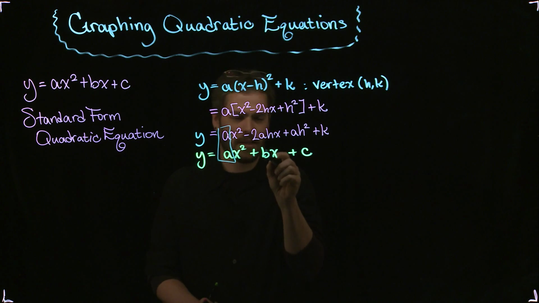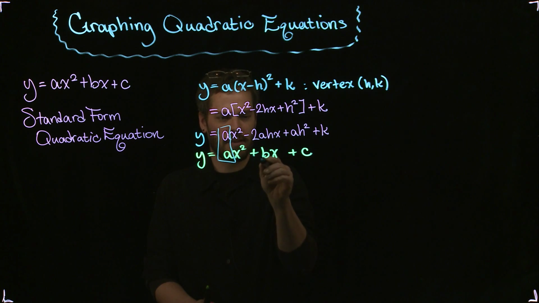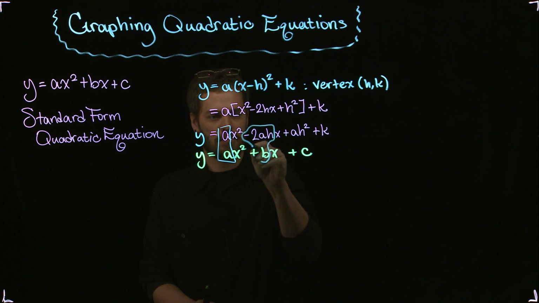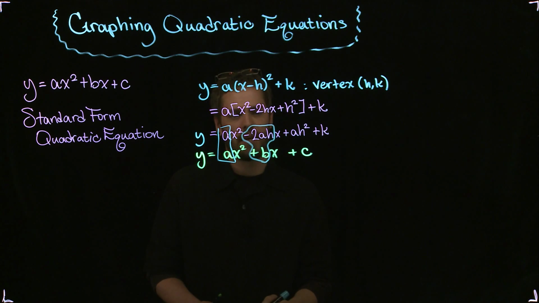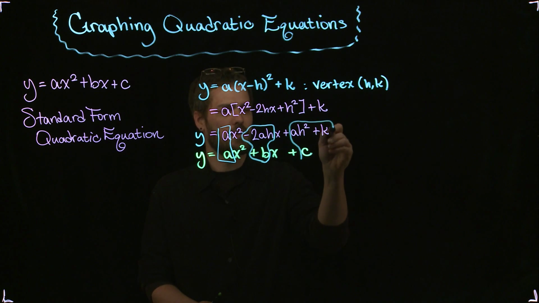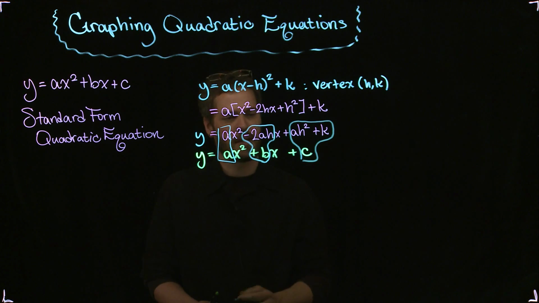But how about b? It turns out that b must be equal to negative 2ah, and then c must be equal to ah squared plus k.